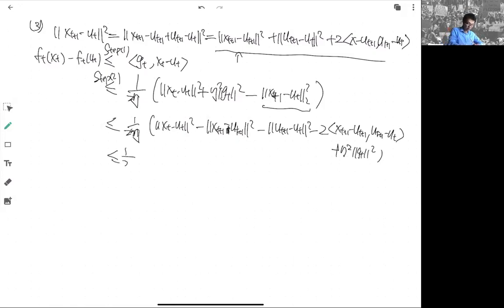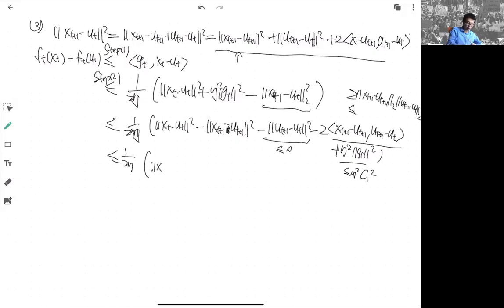So everything that we want, let's keep them. Let's drop all the troublesome parts. So this is smaller than 0, so we can bound that with 0, and this is smaller than eta squared g squared. And this, by Holder's inequality, or rather Cauchy-Schwarz, is smaller than the norm of x_{t+1} minus u_{t+1} times the norm of u_{t+1} minus u_t, with an additional factor of 2 here.